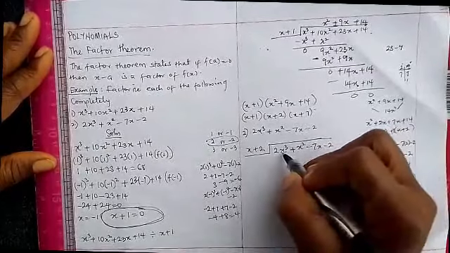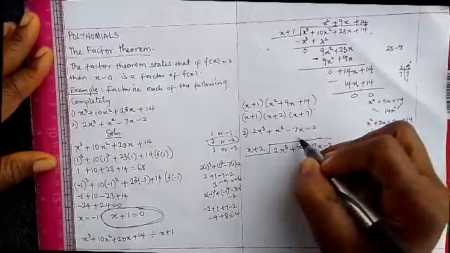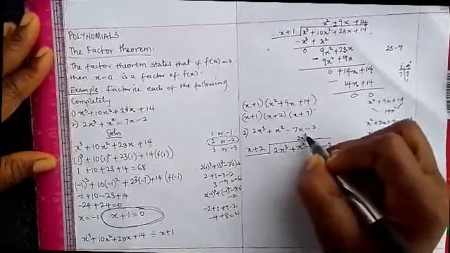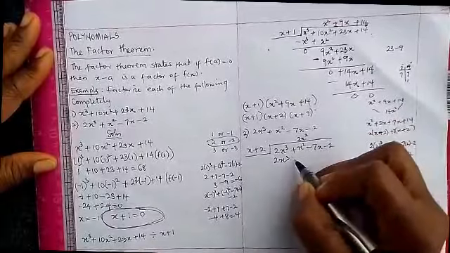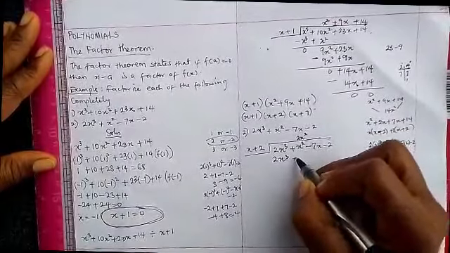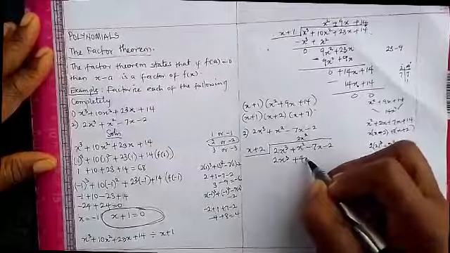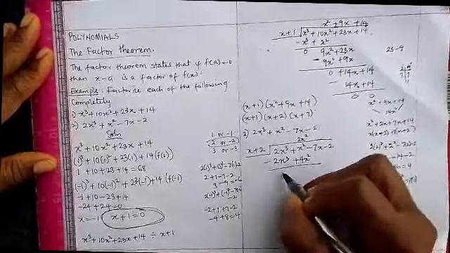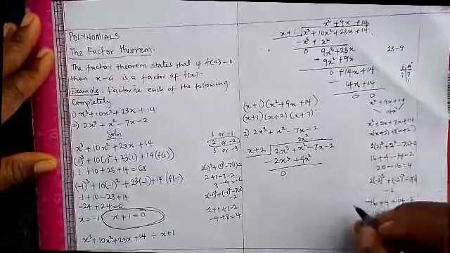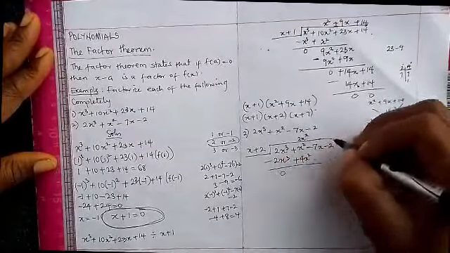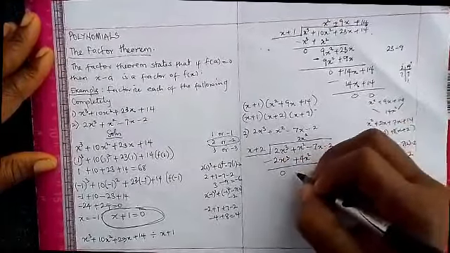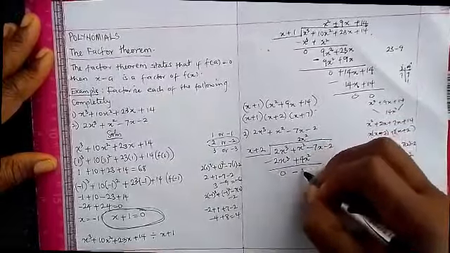So 2x raised to the power of 3 divided by x will give us 2x squared. Multiply that: we get 2x raised to the power of 3 plus 4x squared. Subtract. This is 0. Then here we have 1 minus 4, that's minus 3x squared.